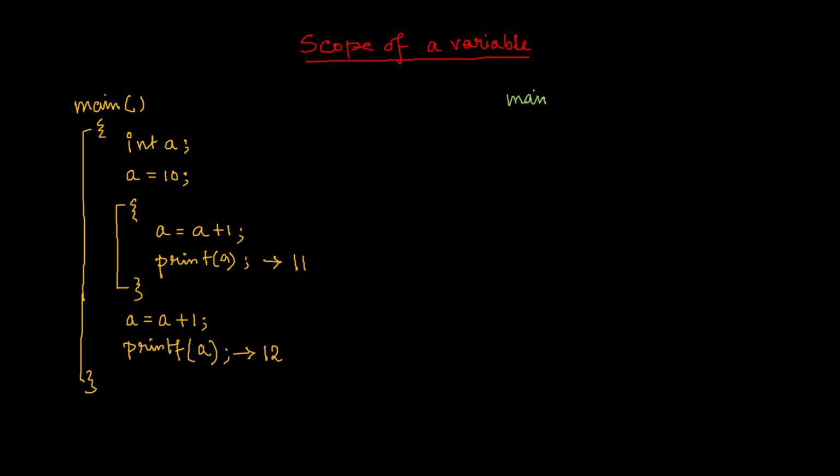So I have written main again. Here I take a variable int a equal to 1, and then I open a bracket, and here I have written int b equal to 10, and then a equal to a plus 1.